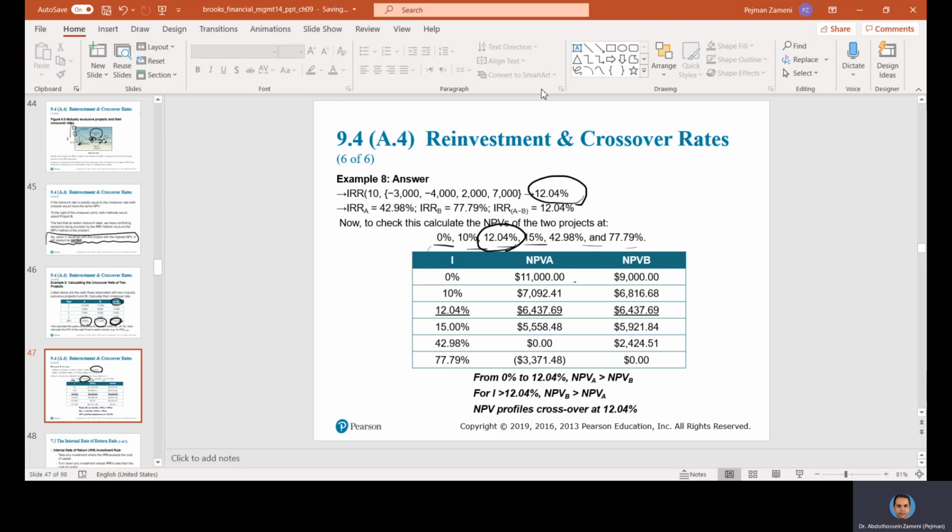Net present value of Project A at 0 discount rate, 10% discount rate, and net present value of Project B with different discount rates. As you can see, after this discount rate, the net present value of Project A becomes negative, and here it is still 0.